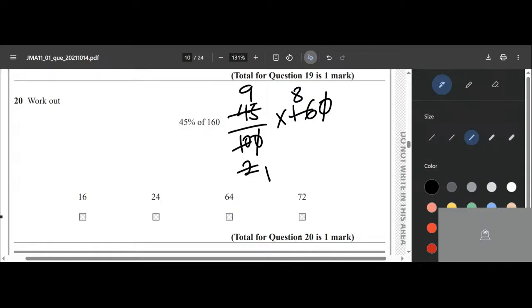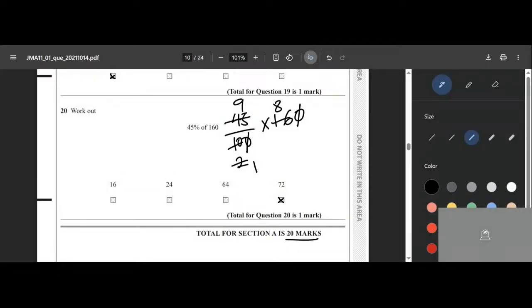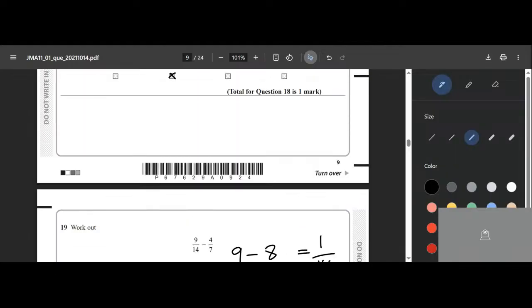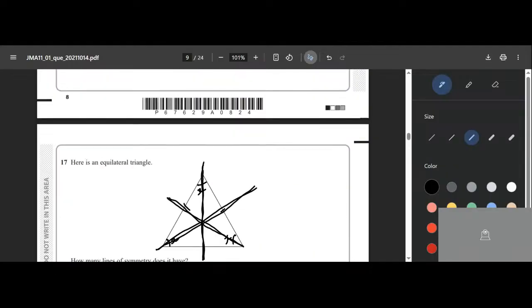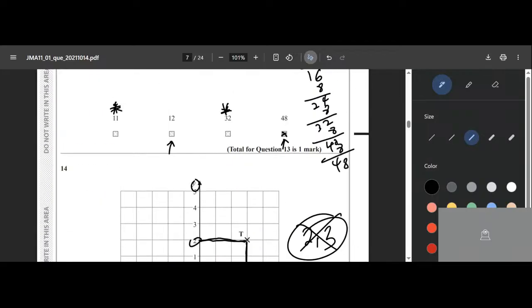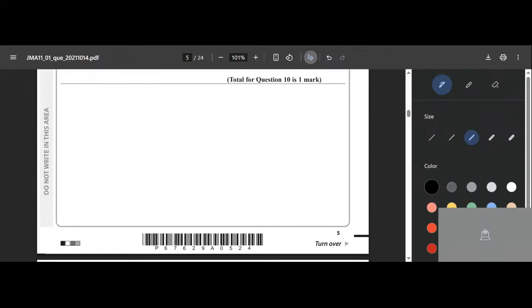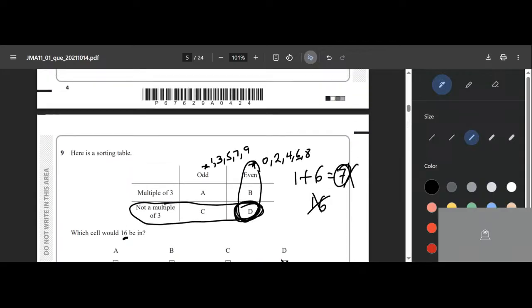These are mathematics you're supposed to know offhand, at your fingertips. That is the end of section A, the total for 20 marks. And you can see how easy it was for section A. So we are left with section B, which carries 40 marks. And that is where I need your concentration.